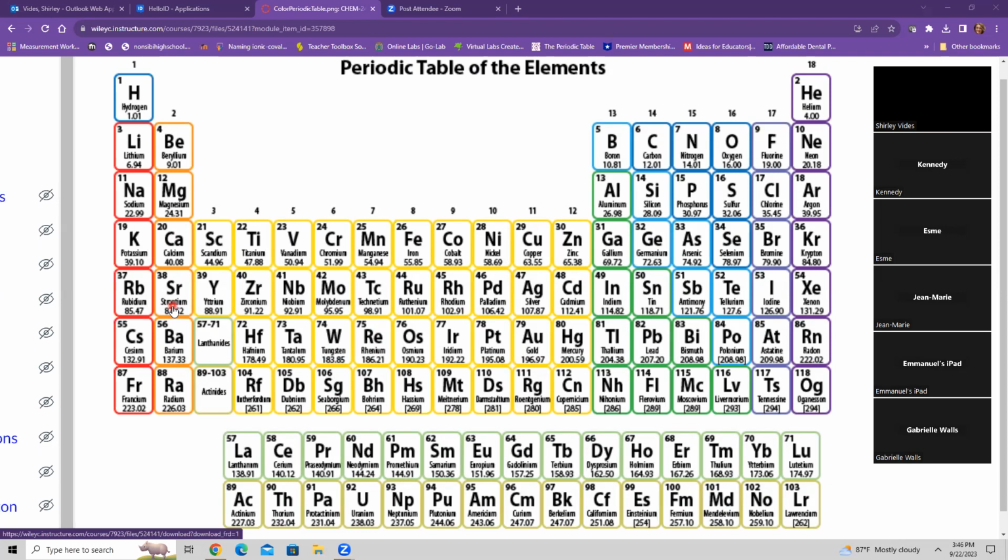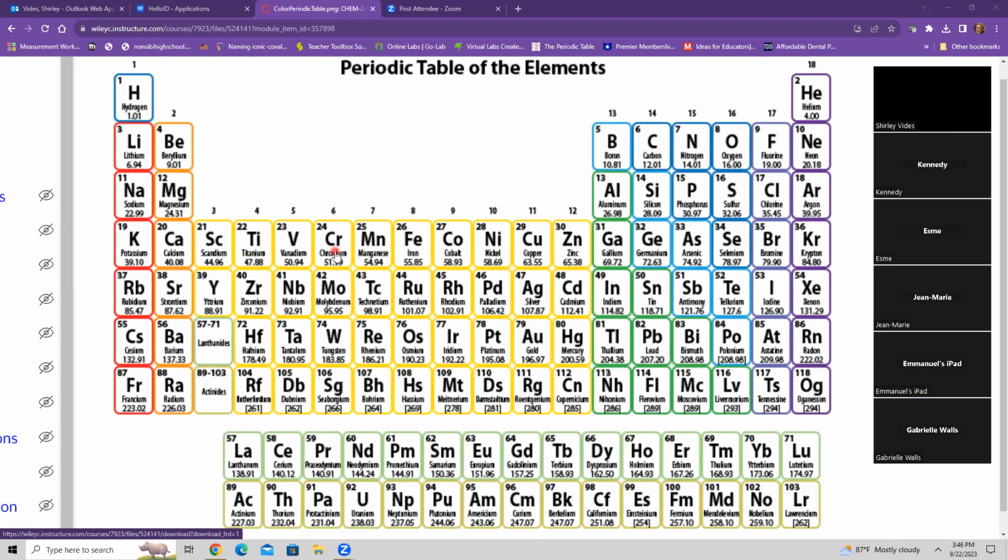I'm now going to put one here, chromium. What is that whole entire group, the yellow group, known as? Not always yellow, but what is this whole area called?